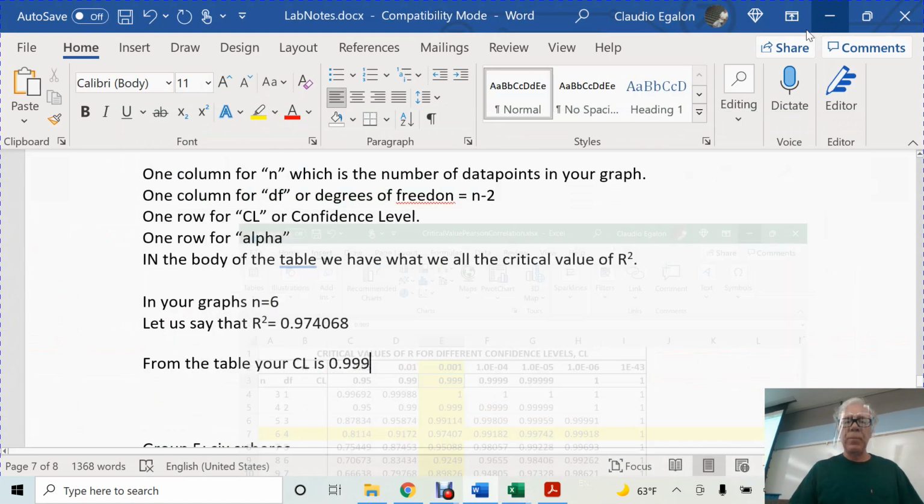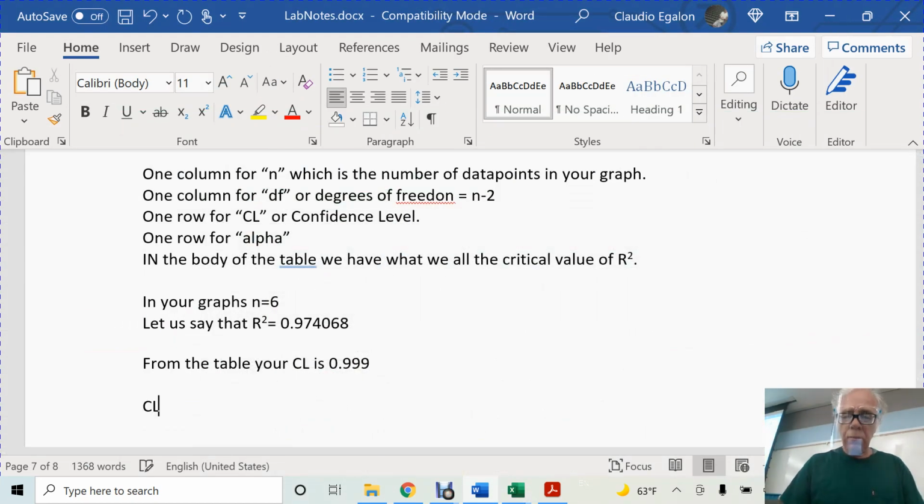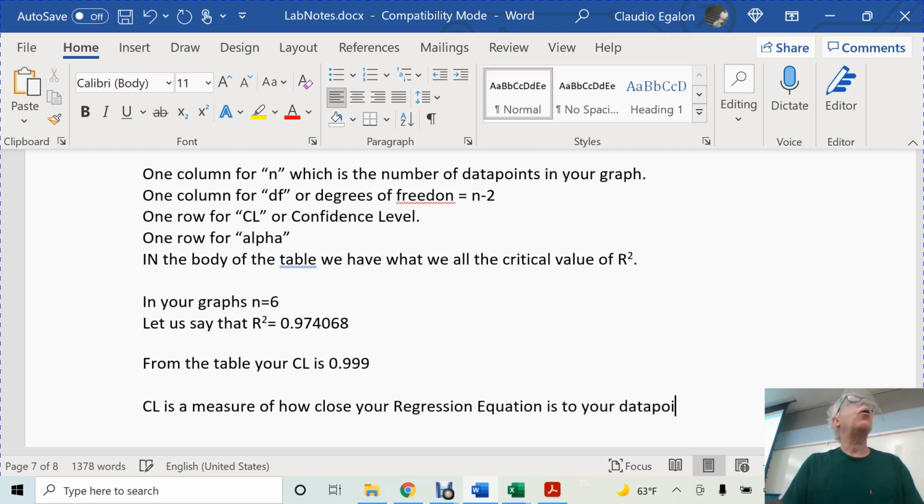CL is a measure of how close your regression equation is to your data points. Make sense?